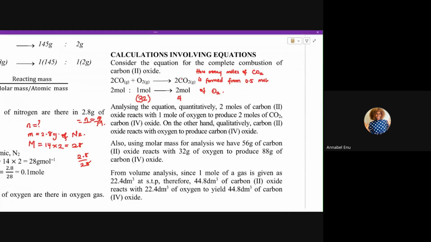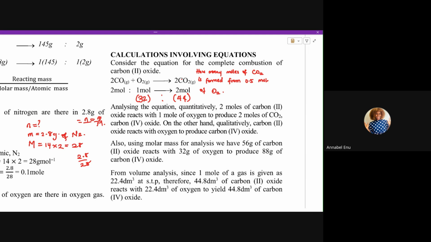So we have 44. It means that this 44 is equivalent to this 32, right? We need 32 amount of oxygen to give us 44, which is representing CO2.